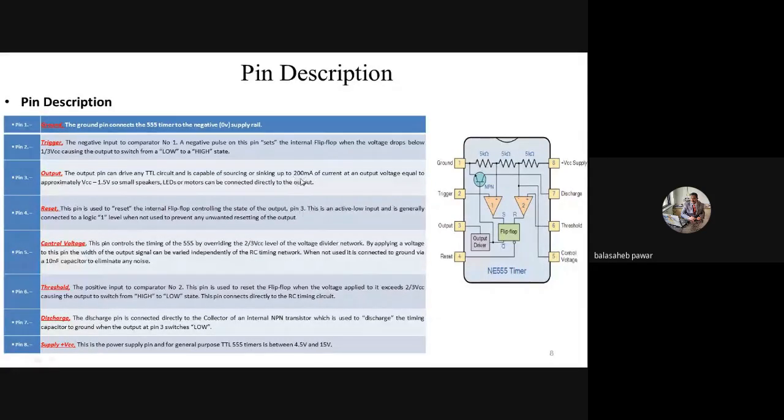If you connect a load which requires 5 volts DC but needs 500 milliamperes, this IC will not be able to work under that loading. You can't connect such a load, but you can connect the LED. As you know, a 5 mm LED can be operated up to about 80 milliamperes, so you can directly connect an LED to the output stage.